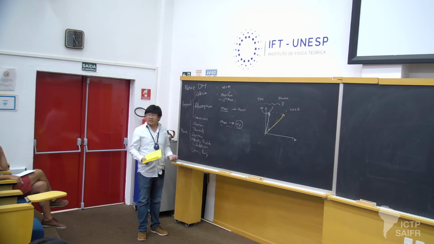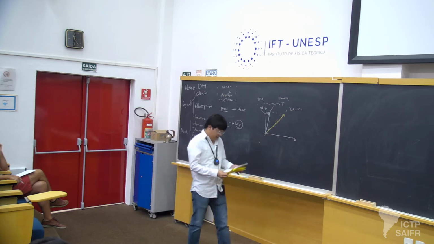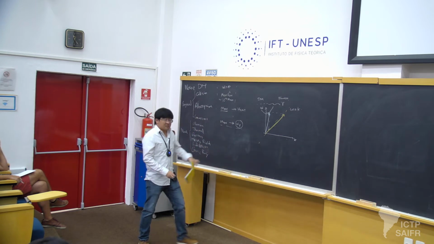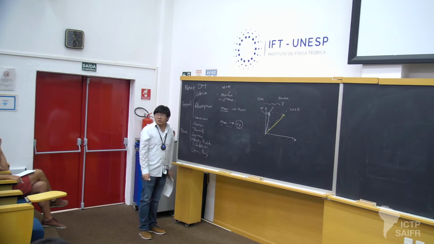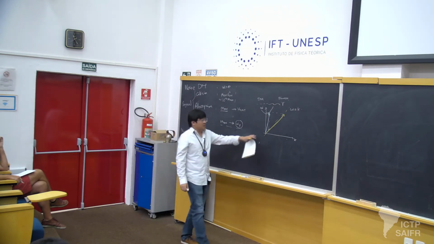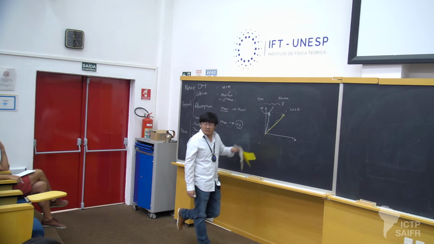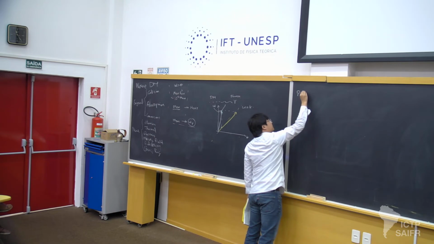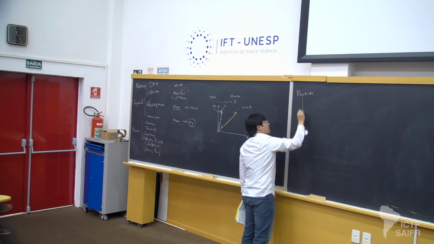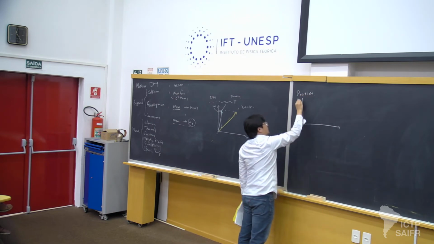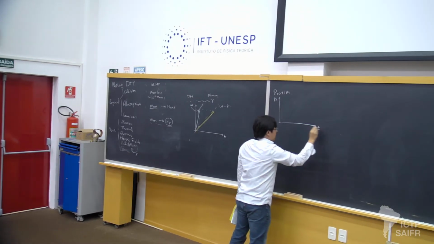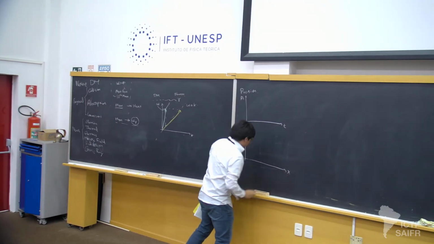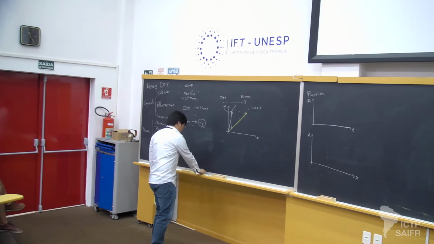So how do I make it happen not in vacuum? To see that, this is momentum space, right? Let's go to position space and see what this plot means in position space. Okay. So in position space, I have the amplitude of the wave as a function of time, and the amplitude of the wave as a function of space.